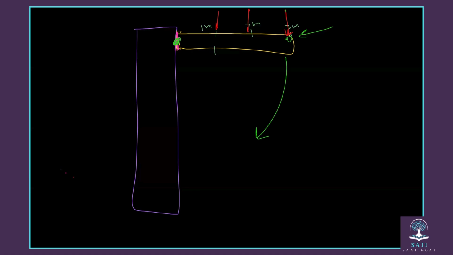This is called the center of rotation because you want to rotate this bar around it. So the distance between the point where the force is exerted and the center of rotation plays a vital role in the magnitude of the ability to rotate something.